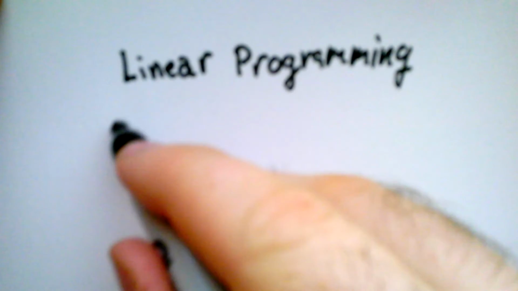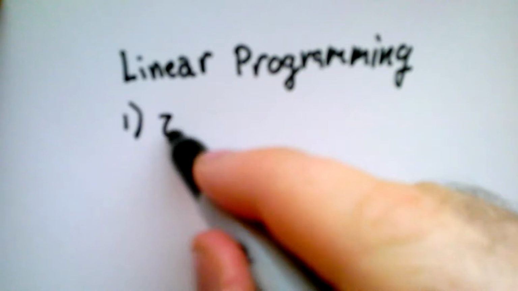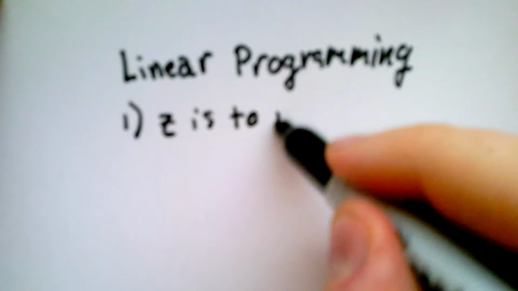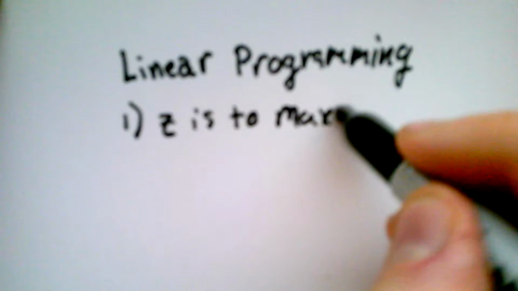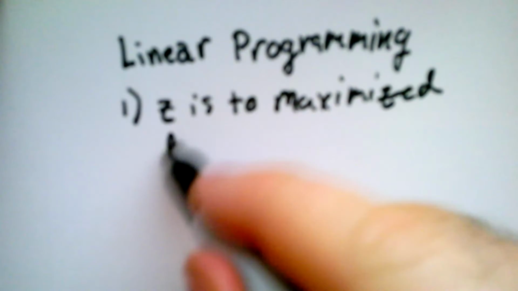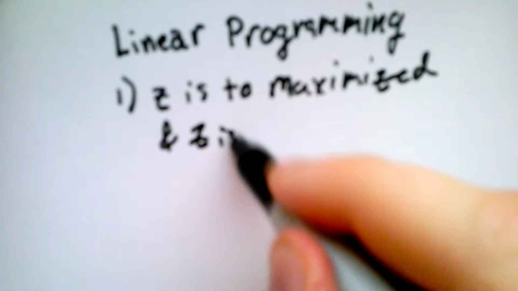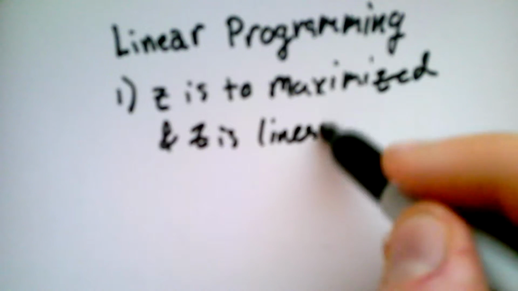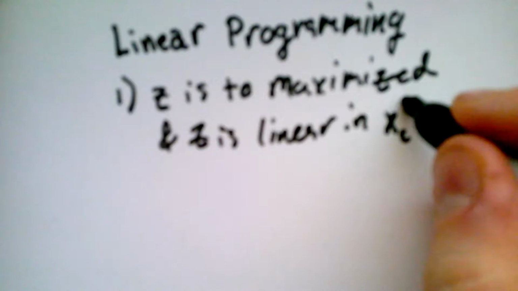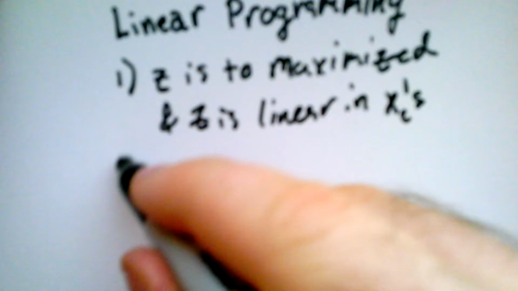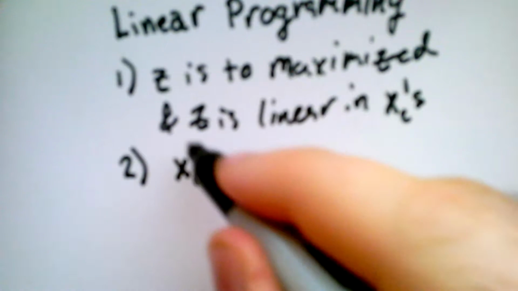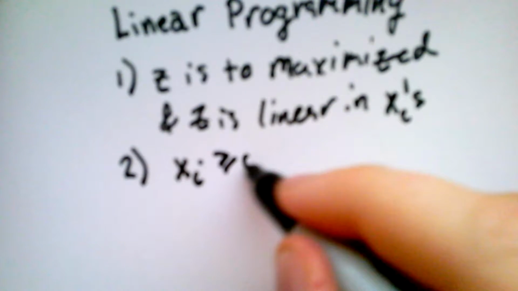Okay, so z is to be maximized. These are our requirements. One, z is linear in our xi's. Two, all of our xi's are greater than or equal to 0.